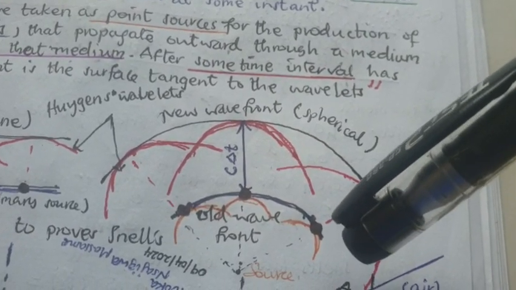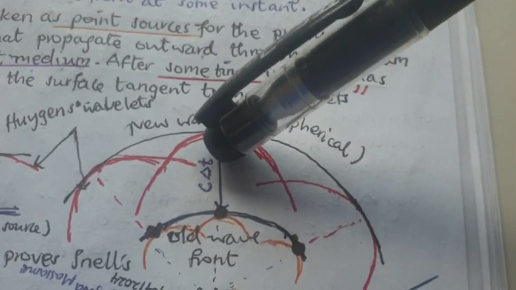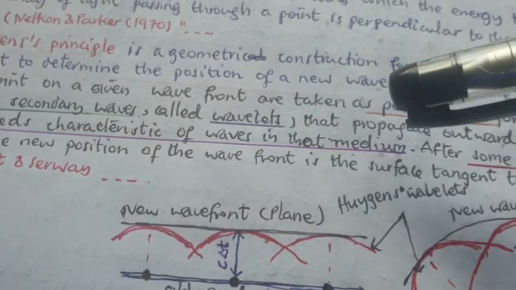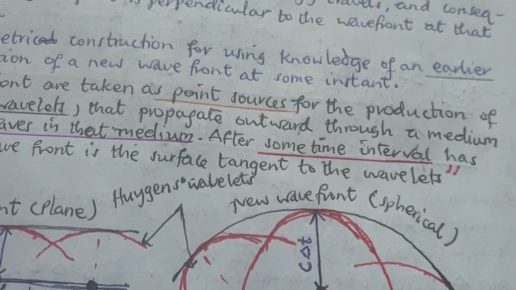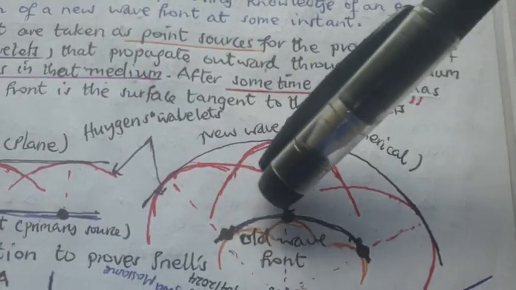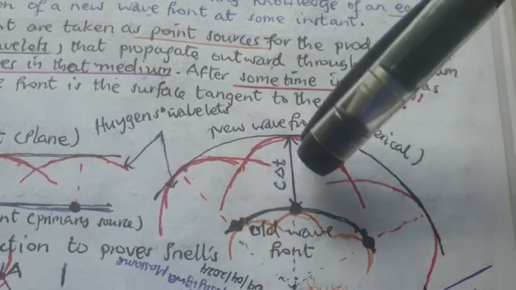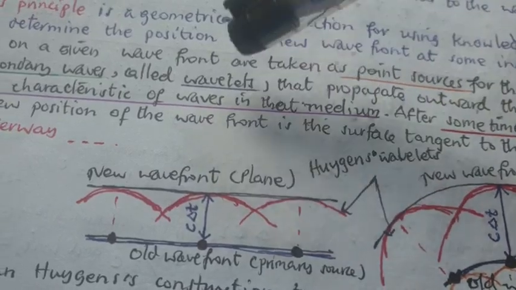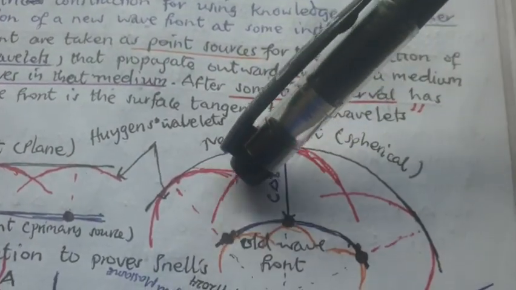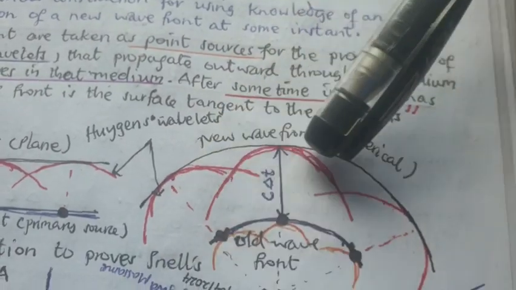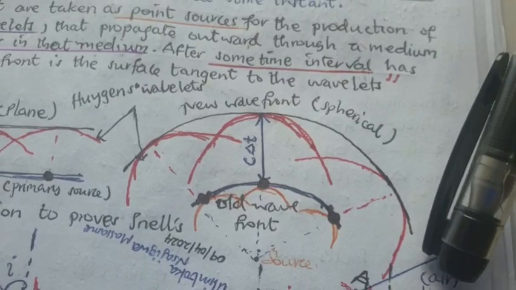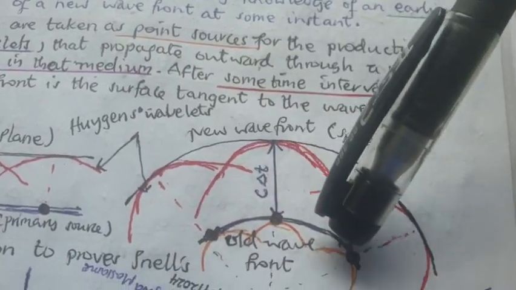This new wavelet is called a Huygens wavelet, and each point source produces a new wavelet with the characteristics of waves in that particular medium. After a certain time interval, each new wavefront will have swept a distance d in that medium, and this is how we determine the position of each new wavefront for a given medium: by drawing the line tangent to each spherical wavelet.